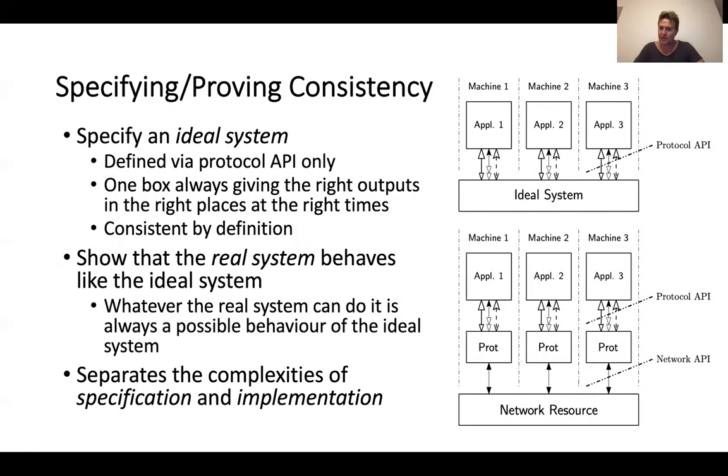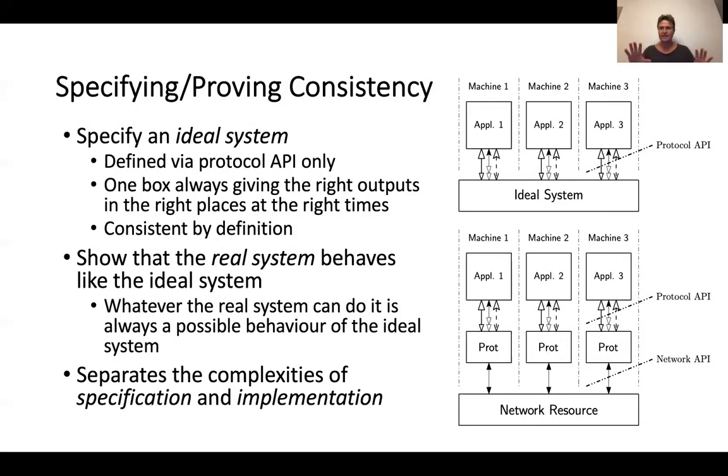The approach we would then take to defining security is to specify, as I said, this ideal system. So we write it down in some nice programming language with a formal semantics and say, this is how the ideal system behaves. If it gets this input on interface 2, then it will output this thing here on interface 3 and so on.